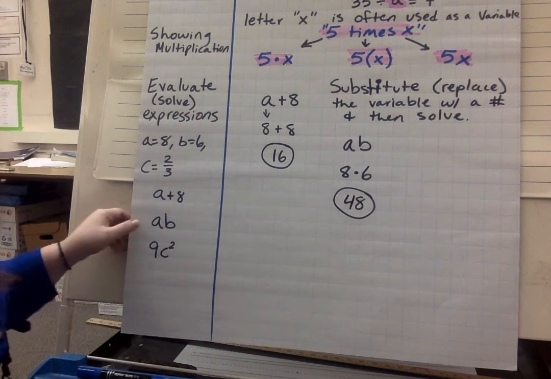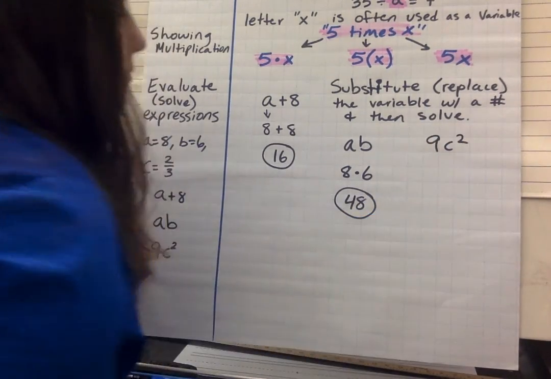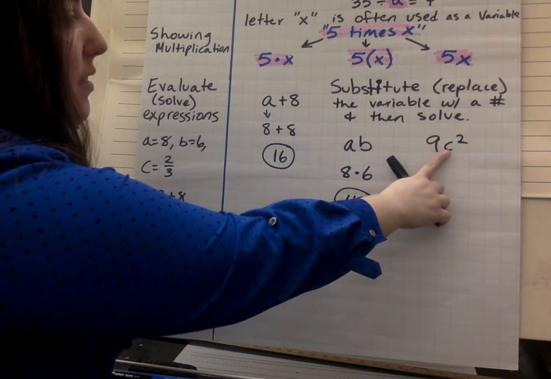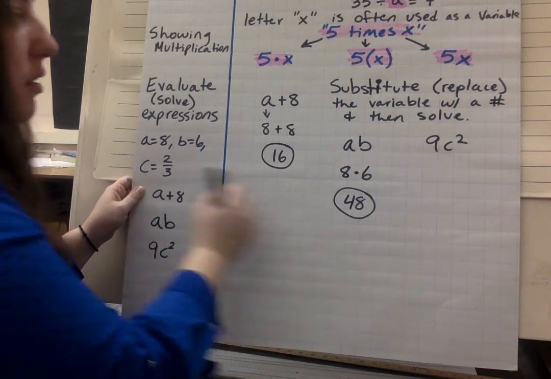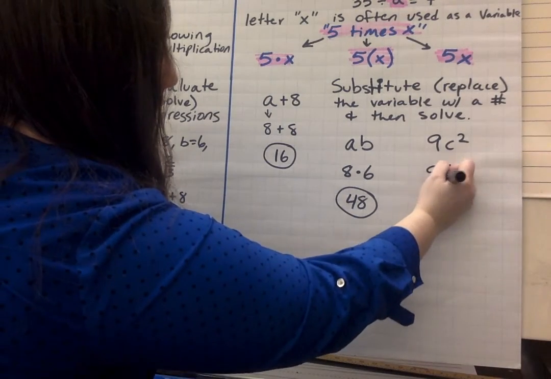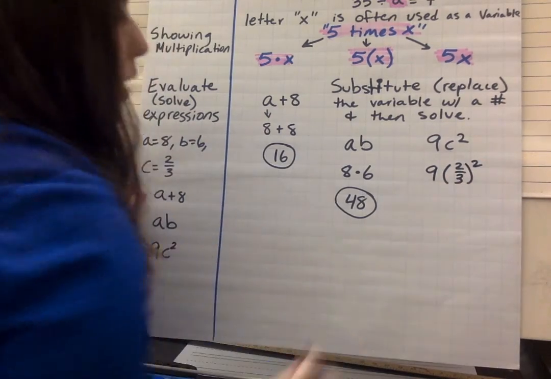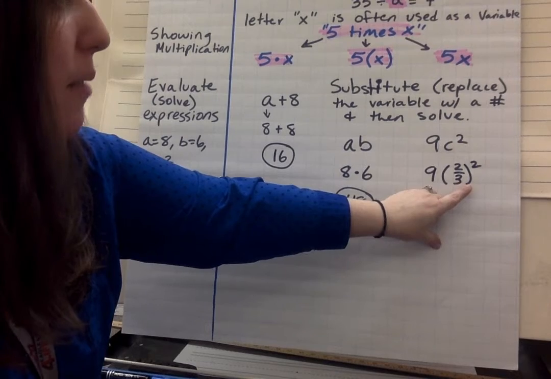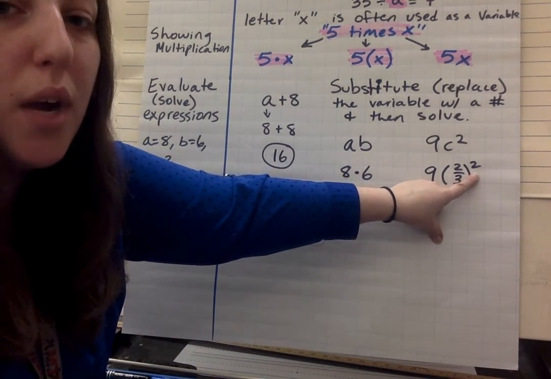Okay, and last one, 9c squared. I'm going to replace c, my variable, with the number that it told me it was. 9 times 2/3 squared. I use parentheses to say that anything inside the parentheses is going to be squared.